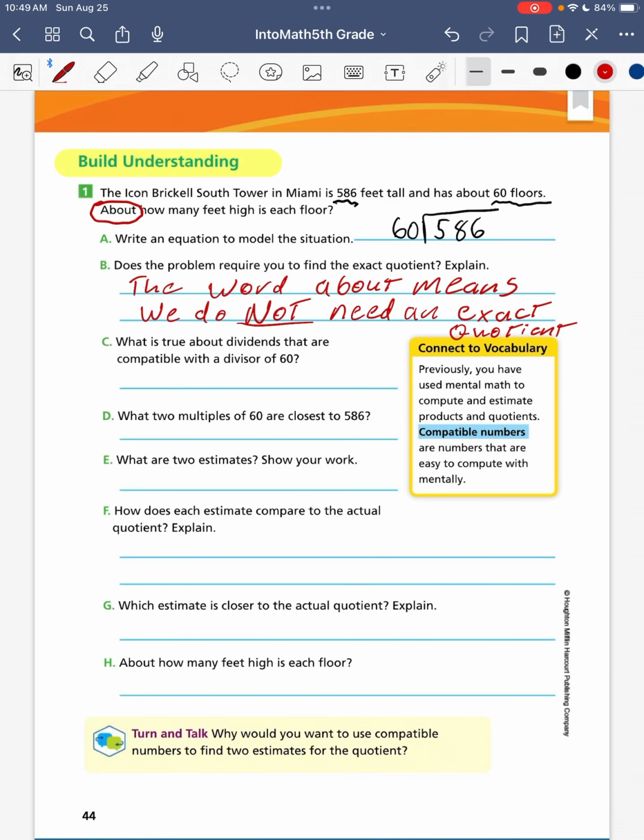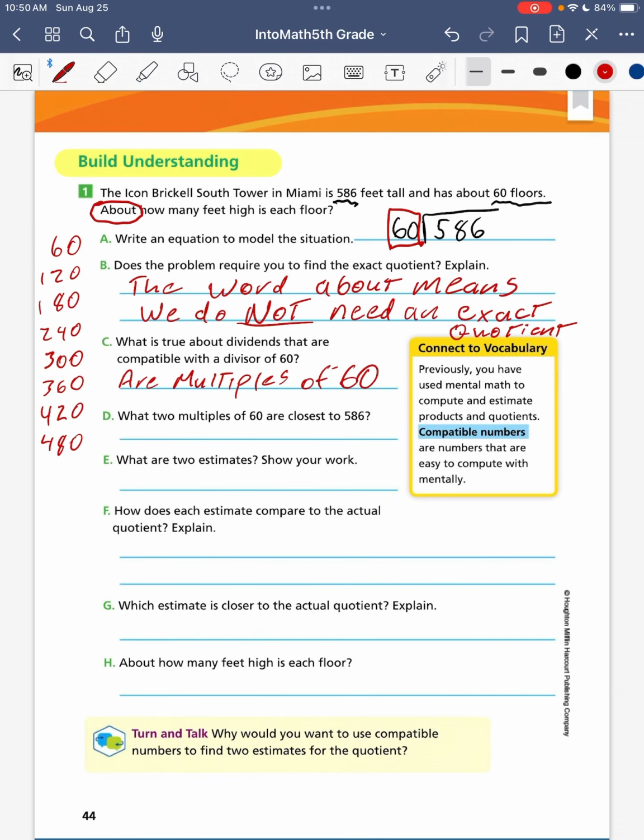All right. C. What is true about dividends that are compatible with a divisor of 60? Dividends that are compatible with a divisor of 60 are multiples of 60. If I write out my multiples here, I know that I have 60, 120, 180, 240, 300, 360, 420, 480, 540, 600, 660.